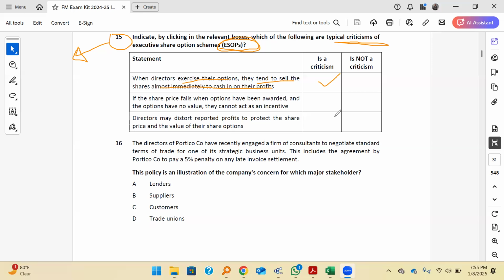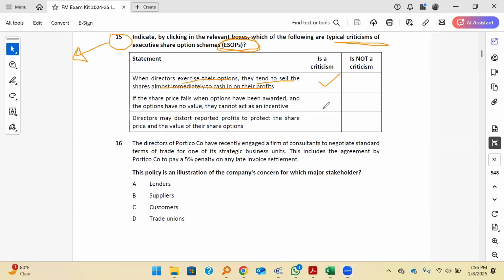So if the share price falls below that, it means that when you get them and you exercise them, you may not actually end up being able to sell them and get a profit. So it ends up not being so much of an incentive for you. So you may be like, okay, but what's the main benefit for this? So that is one of those that we can also take to be the criticisms.